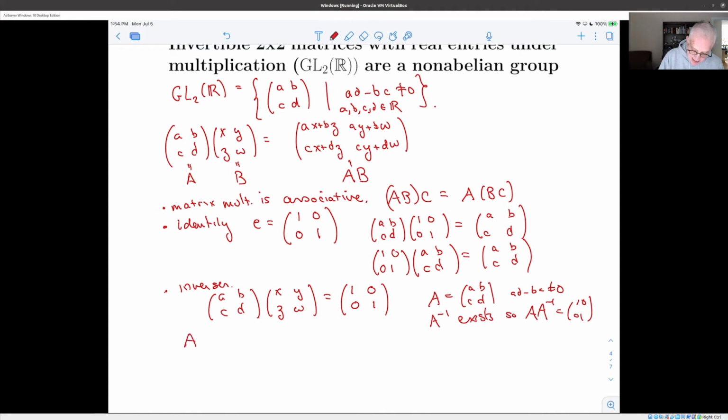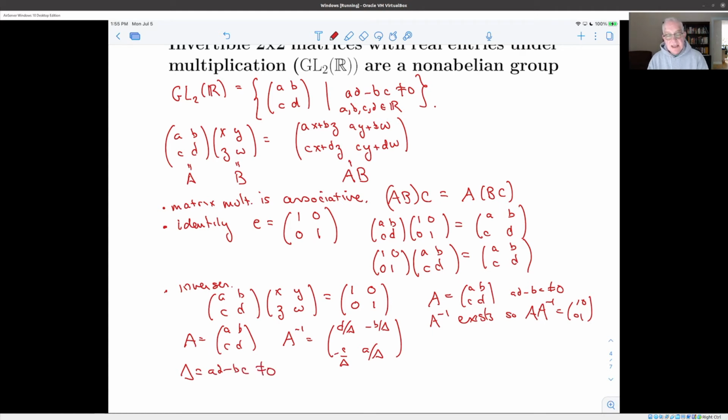If A is A, B, C, D, then A inverse is D over delta, minus B over delta, minus C over delta, A over delta, where delta is AD minus BC, which is not 0.